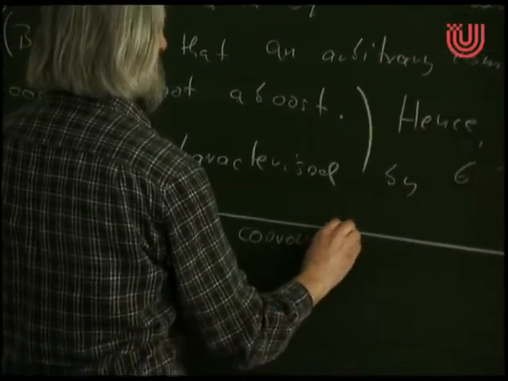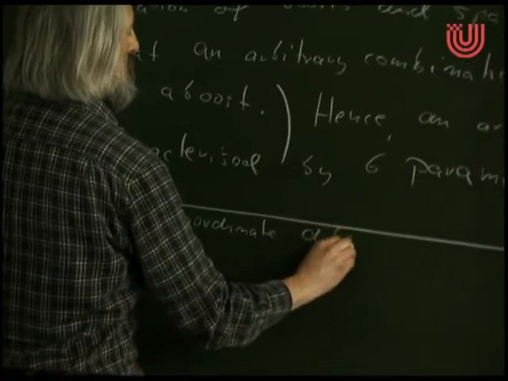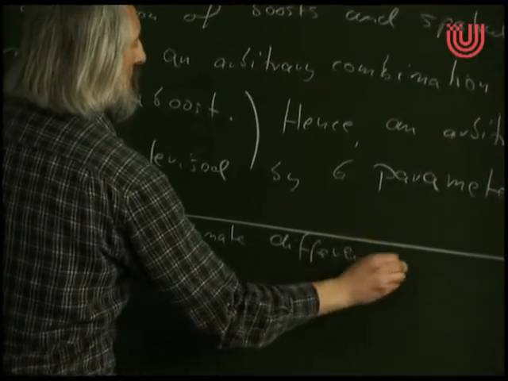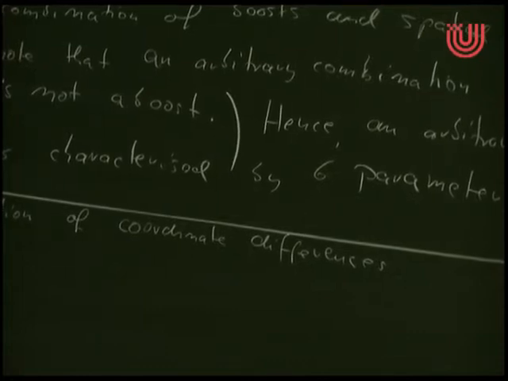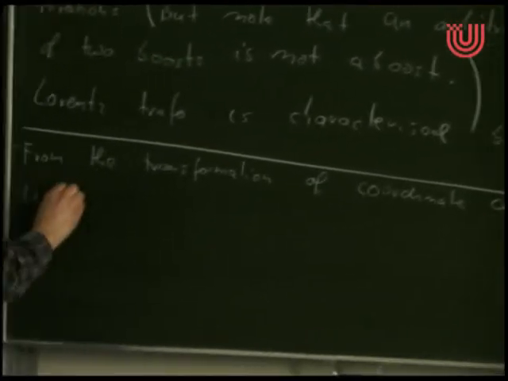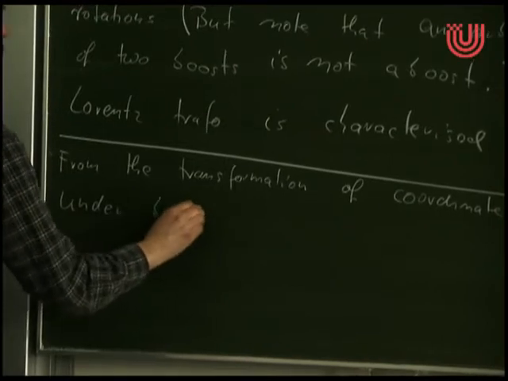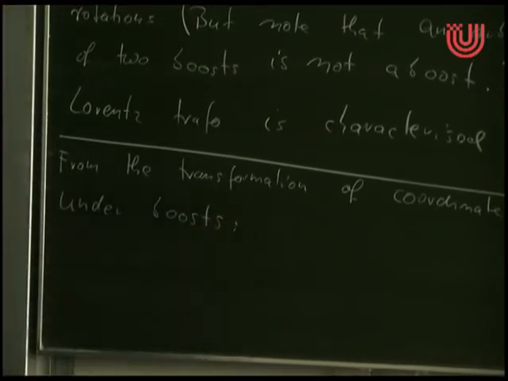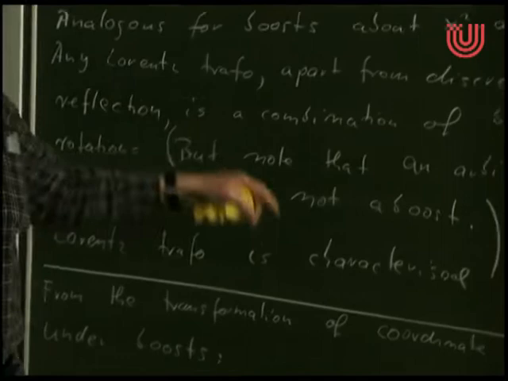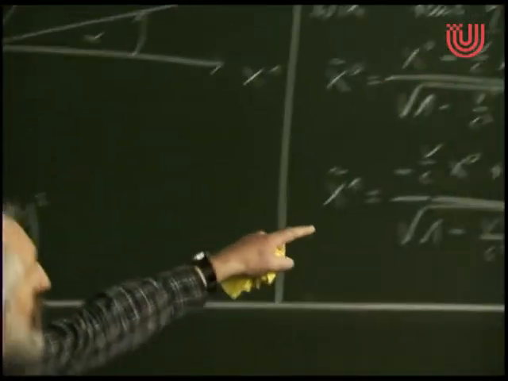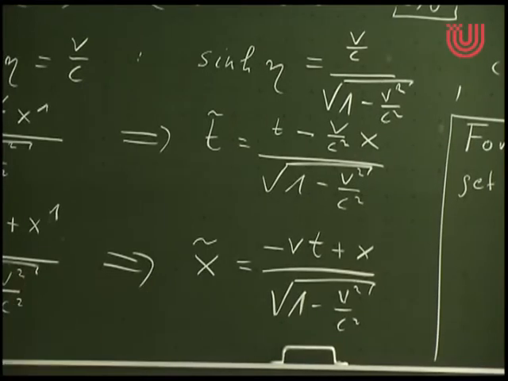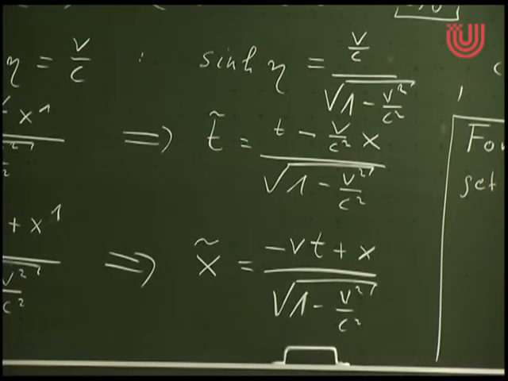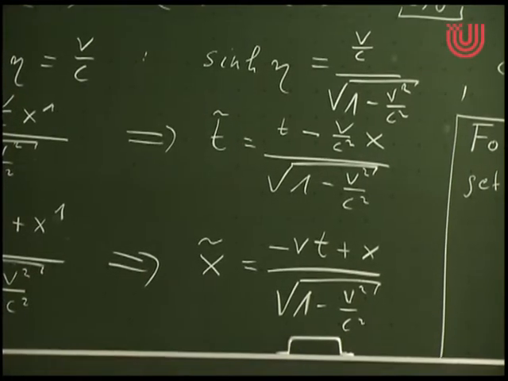From this it's easy to calculate the transformation of coordinate differences under boosts. Let's quickly do this. So I now write these formulas down for differences. So I get delta t tilde.